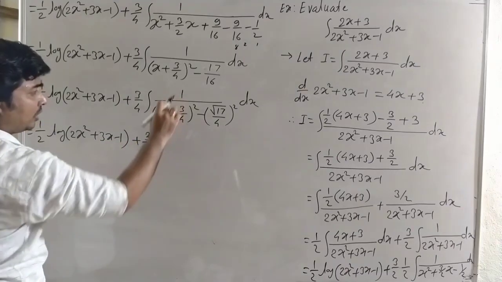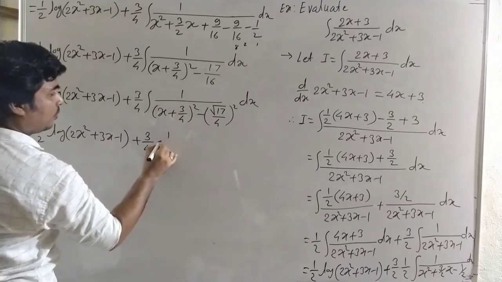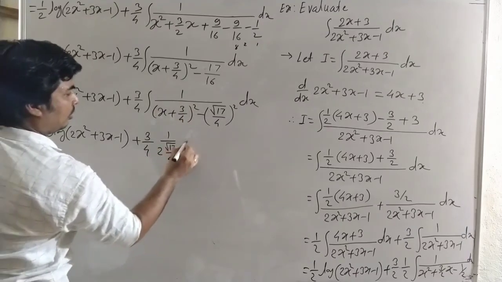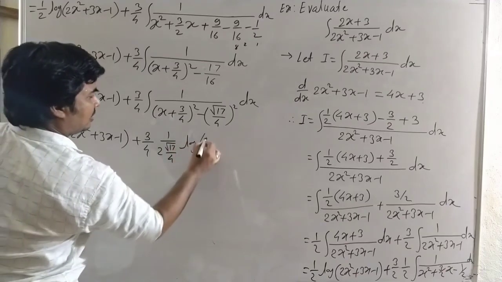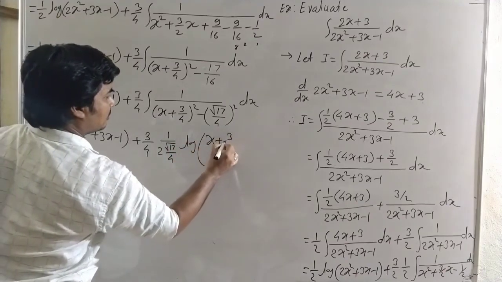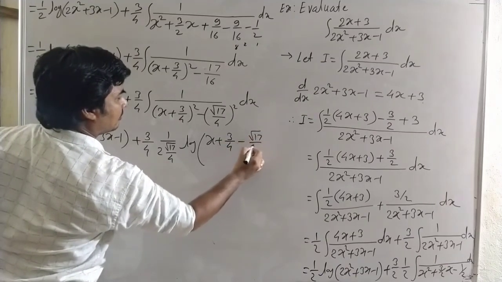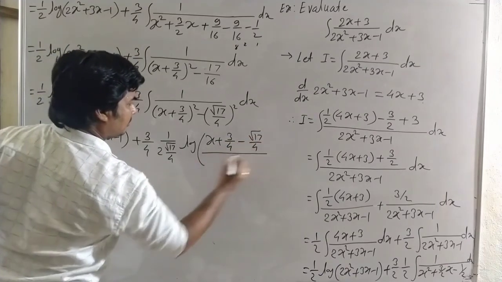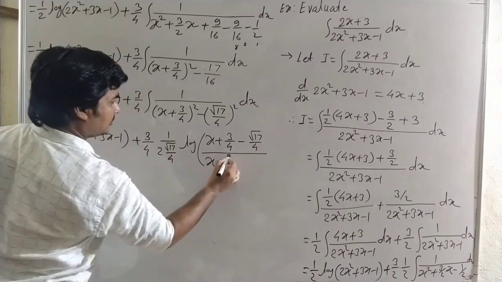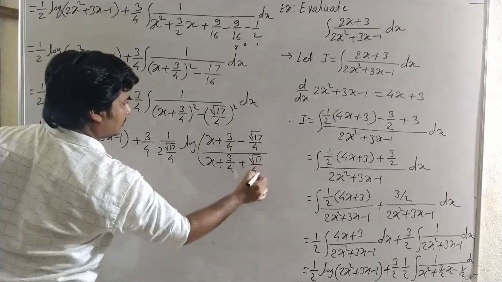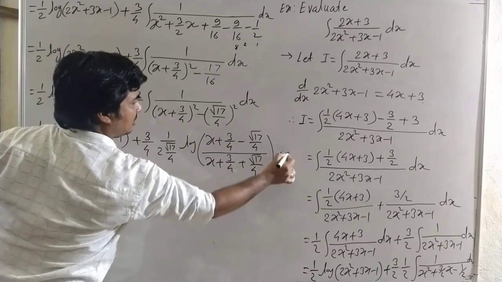Now integrate 1 upon x square minus a square: 1 by 2a log of (x minus a) upon (x plus a) plus c.